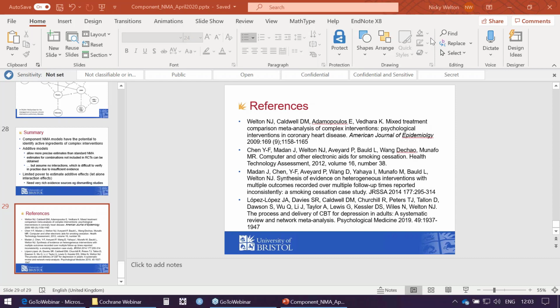In terms of other issues that may reduce our certainty, Debbie might be better to answer, but things like assessing the risks of bias in the studies and how generalizable they are can be done in the same way as in any network meta-analysis.